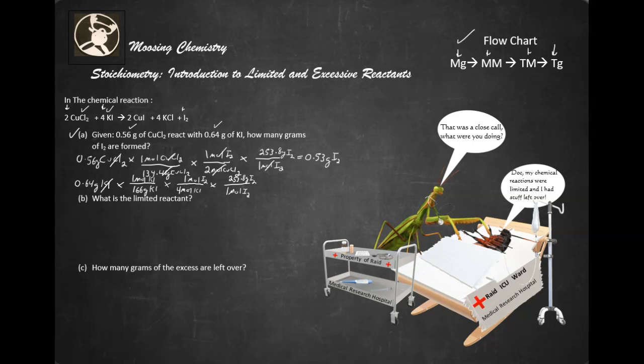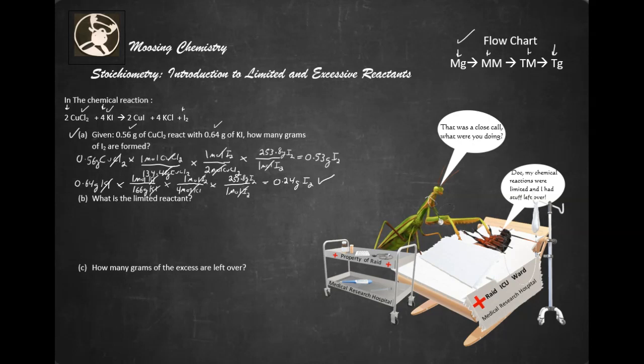So now we're going to cancel out our common units, and when we do that, we come up with 0.24. Let's fix that again, the 4 didn't come out very well. We'll put a 4 there. 0.24 grams of I2. This one is the lesser amount.